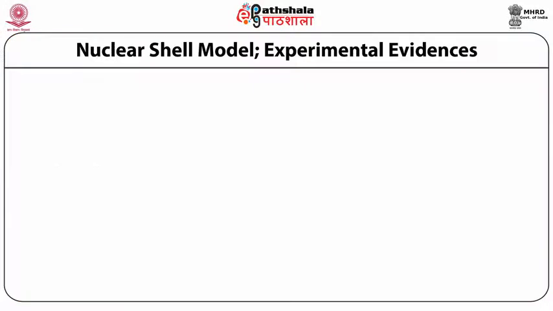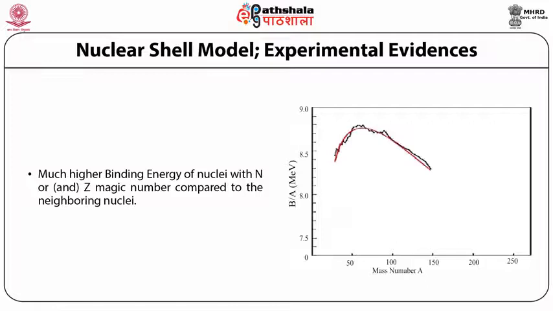In the shell model of the nucleus, the protons and neutrons are considered to be moving in well-defined closed shells. The shell model accounts for the existence of magic numbers, which are 2, 8, 20, 28, 50, 82 and 126. A nucleus with N or Z equal to a magic number shows extra stability compared to its neighboring nuclei. Nuclear shell model, experimental evidences.